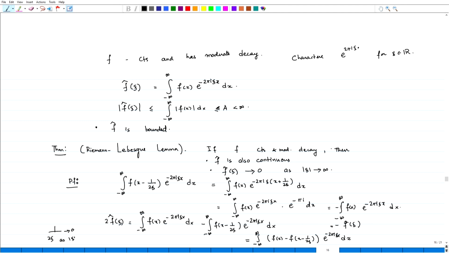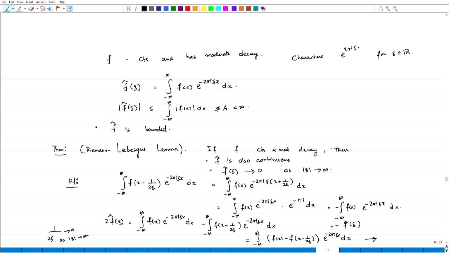So, we can appeal to the continuity of f such that in the finite interval this is less than epsilon, like our earlier argument, and so this converges to 0 as mod ξ goes to infinity, because the tail part will always be small, and on minus n to n we appeal to the continuity of f, and 1 over 2 ξ is very small because ξ is large. So, we get smallness overall.